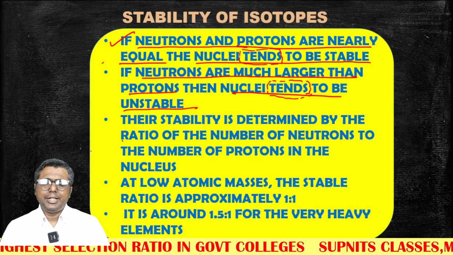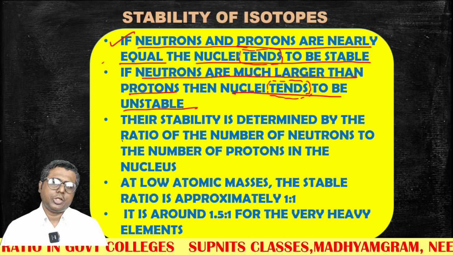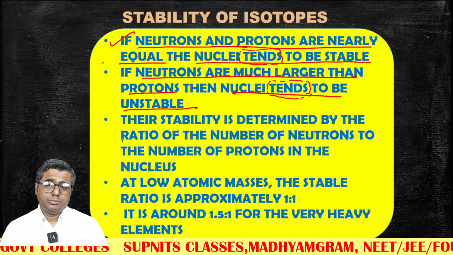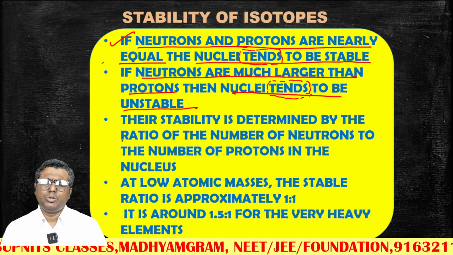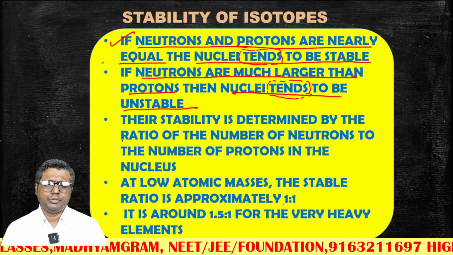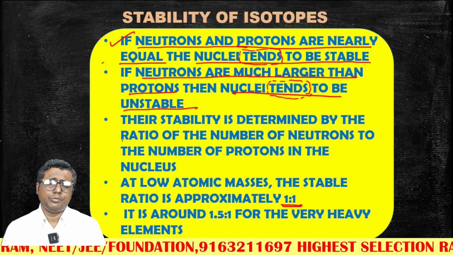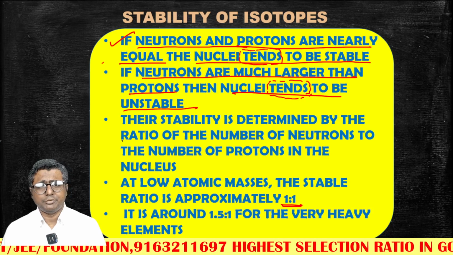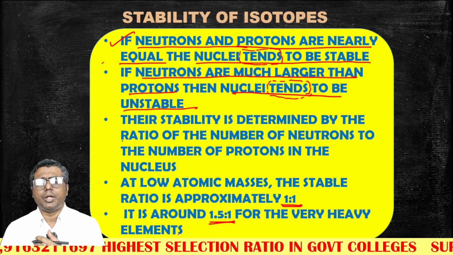Their stability is basically determined by the ratio of neutron to proton. When there is low atomic mass, that is up to element number 20, the ratio is 1:1. If it crosses 1:1, there is a tendency, like carbon-14, of becoming radioactive. However, for heavier elements this ratio can go up to 1.5:1.